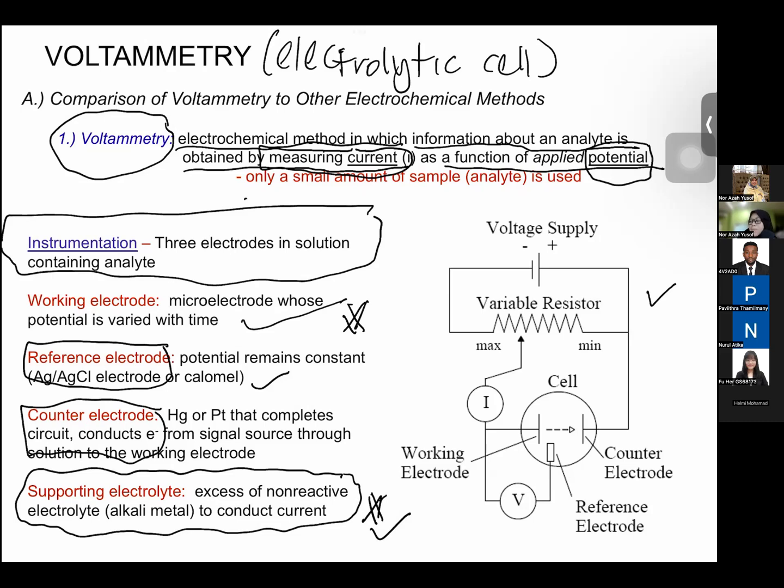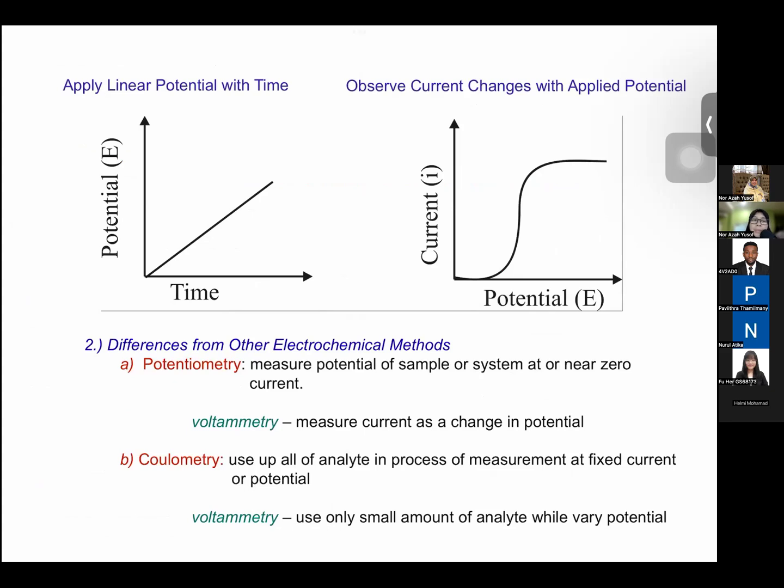Now, this is a bit of fundamental. When we supply potential, we can imagine that potential is a force given so that the reaction happens. We have to force the reaction to happen, so we need to know the potential range.